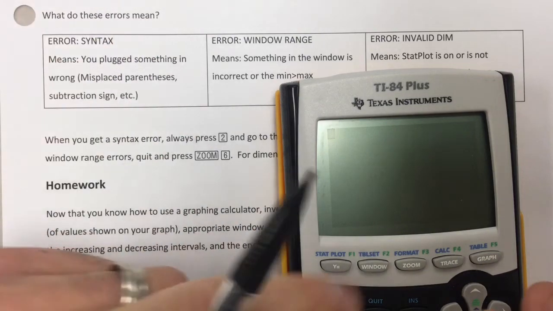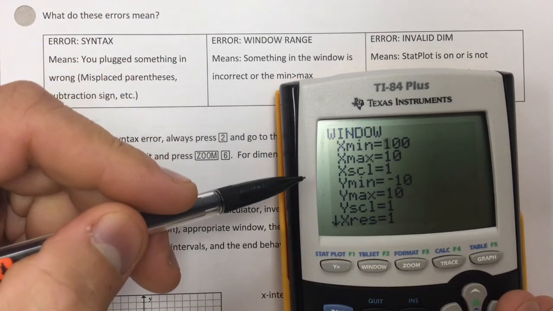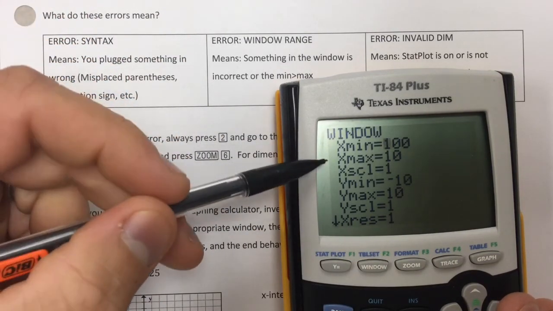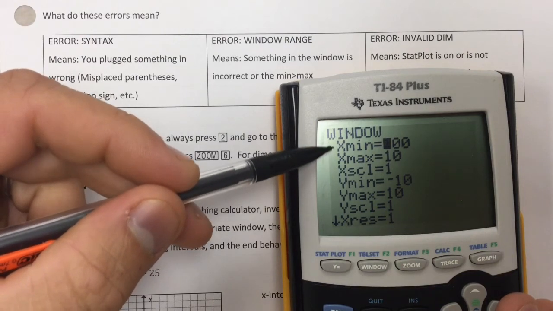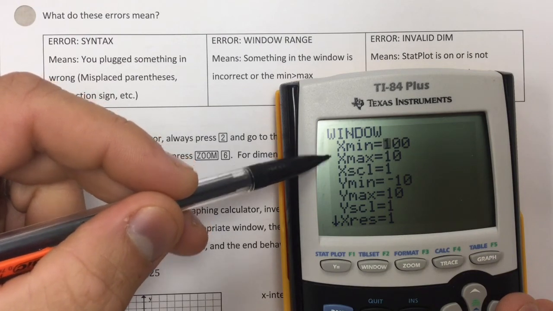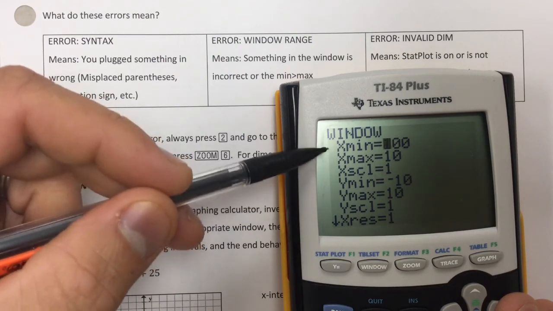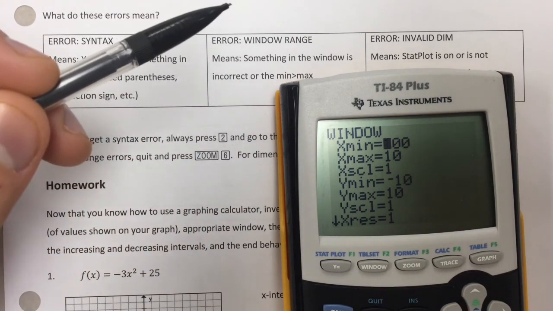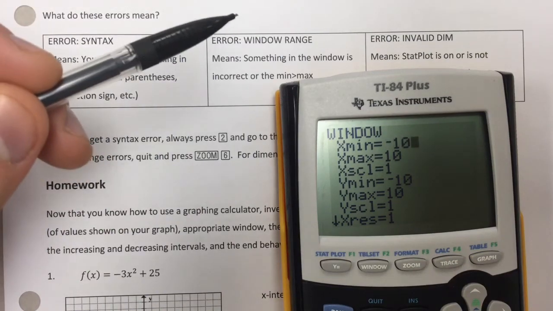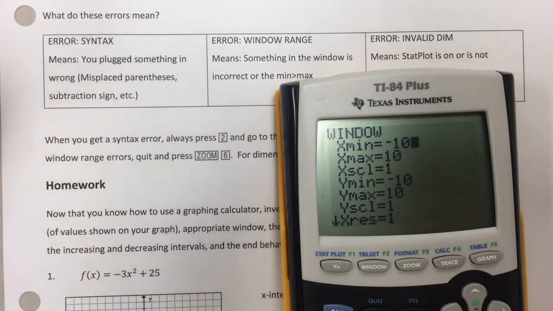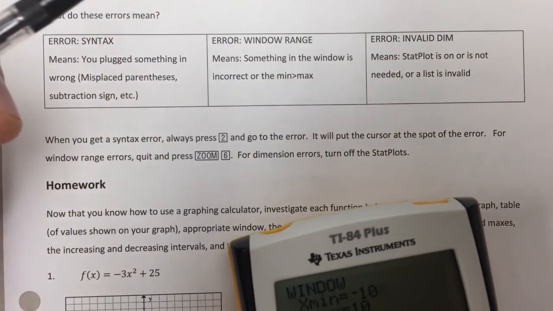But error window range means you gotta go to your window, and normally it means like your minimum is greater than your maximum, something like this. And if you notice, look right here, my x minimum was 100, and my x maximum was 10. That doesn't make sense. Your minimum can't be larger than your max. So then you should just make that whatever you want, -10. Another quick fix for that is just press zoom 6. Always get you in a standard window.